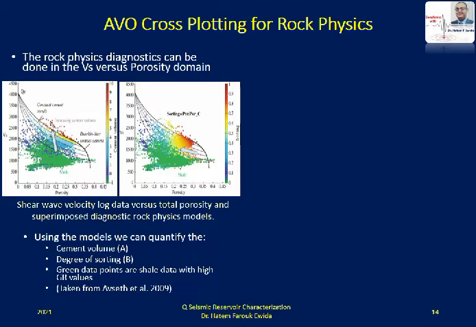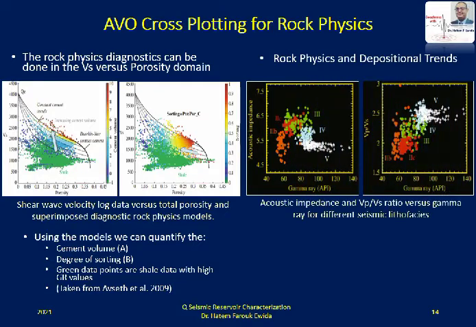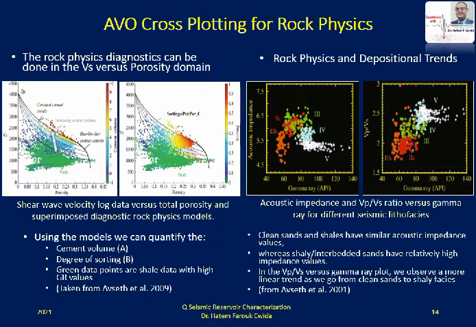Again, also I can understand the depositional environment. Like in this paper we have the gamma ray log in this axis, and we have the acoustic impedance in this axis. You know the acoustic impedance is rho by V, and this is the acoustic impedance versus VP/VS, and this is acoustic impedance, and this plot is the VP/VS, and both are plotted against the gamma ray.